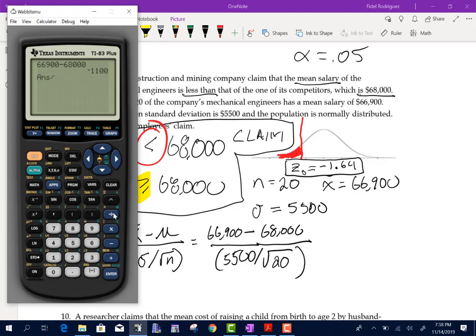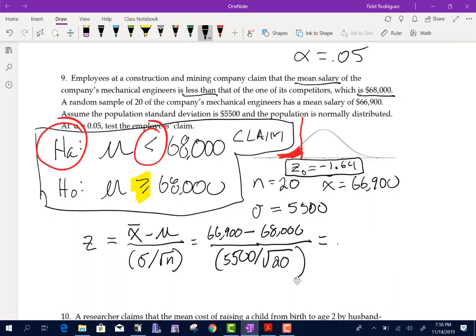Then we're going to divide by, and before I do 5,500, open parentheses. Don't forget the parentheses, guys, because your calculator will calculate slightly differently. Divided by, second square root, 20, and then close the parentheses, how many times? Twice, right? Look at the Z value we came up with: negative 0.89. So right here, I'm going to write the number negative 0.89.